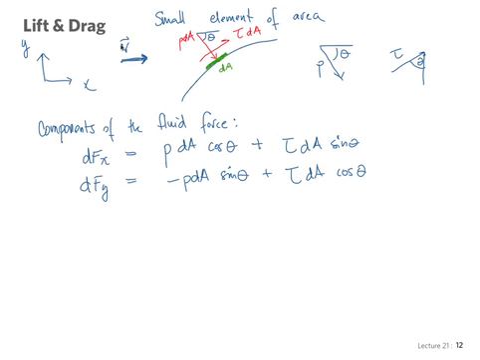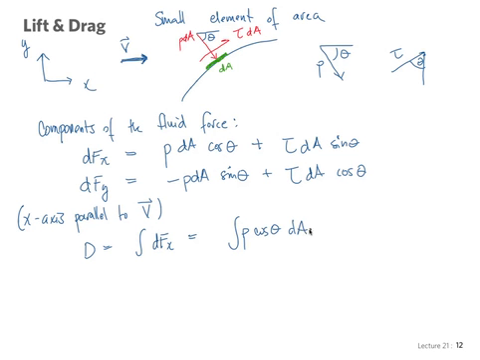So if we wanted to calculate, we look back again that our velocity is parallel to the x-axis, so lift and drag are parallel and perpendicular to the x-axis. So drag is the integral of the force in the x direction, and that's going to be the integral of P cosine theta dA plus integral of tau sine theta dA.